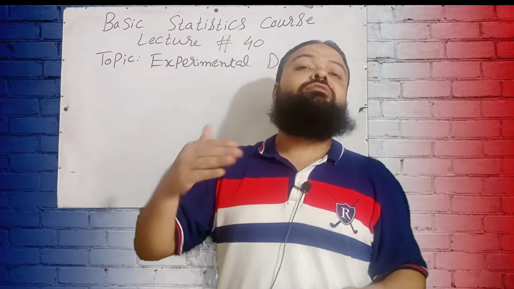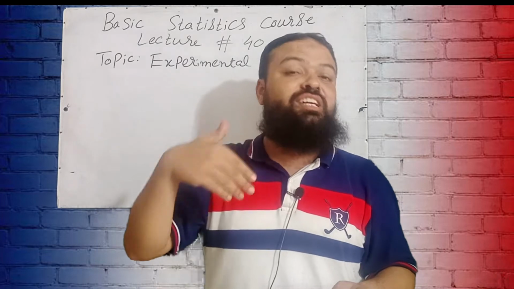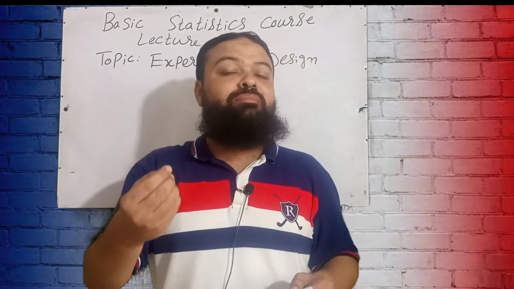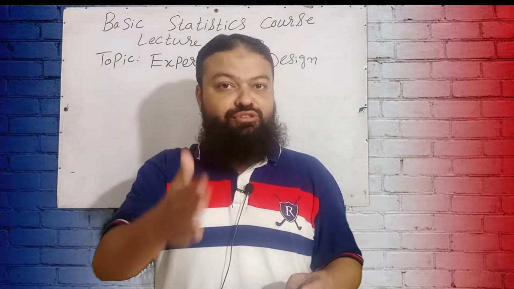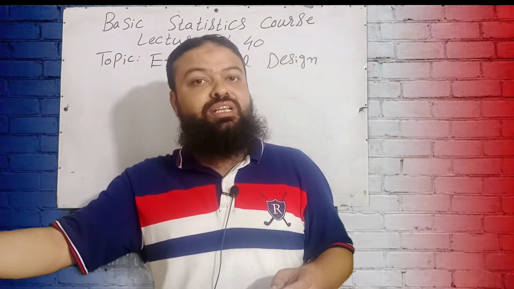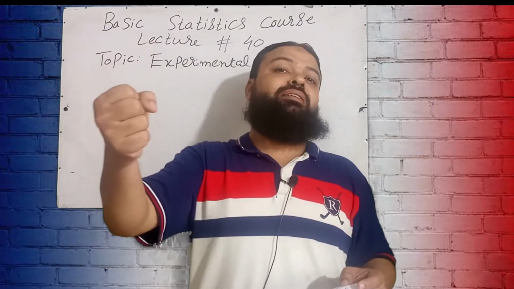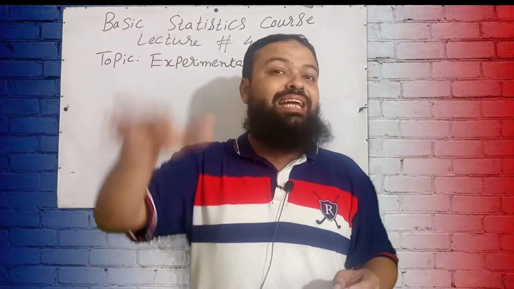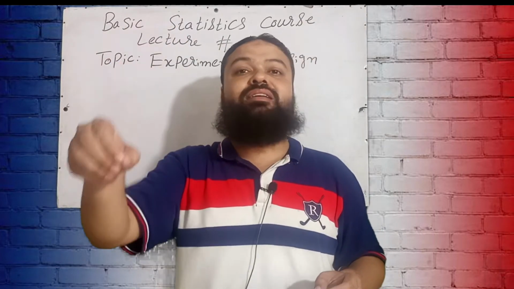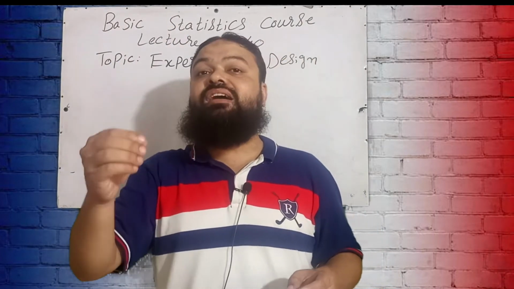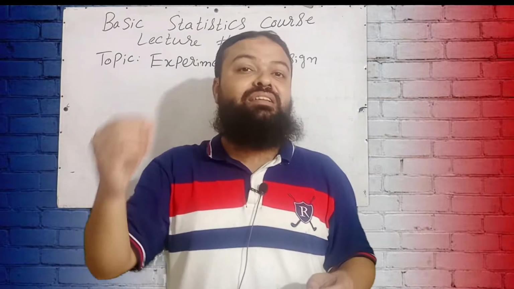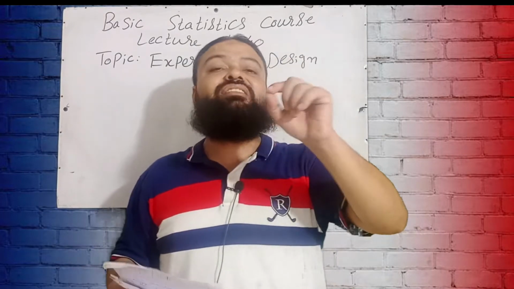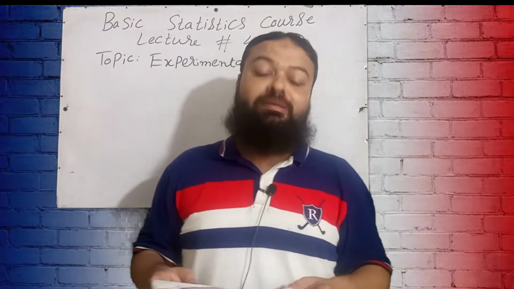Dear students, what is the objective and aim of the experimental design? Actually, we want to check the effect of the treatment on the experimental unit, and we want to control the error. We want to control and minimize the experimental error. That is the aim, that is the task of the experimental design. It means D is the correct option, a very important concept.